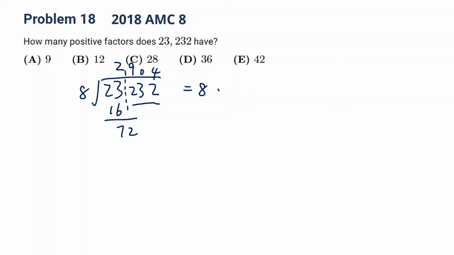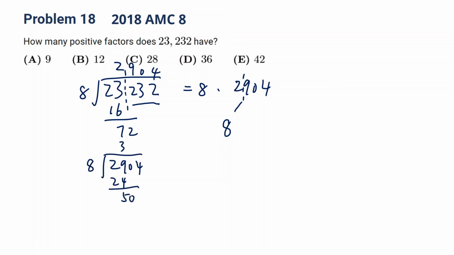Starting with 8, we get 2904. 8 times 2904. Let's consider 2904, is it a multiple of 8? Yes, it's another multiple of 8. So let's do 2904 divided by 8. That is 363. So this is a multiple of 3.